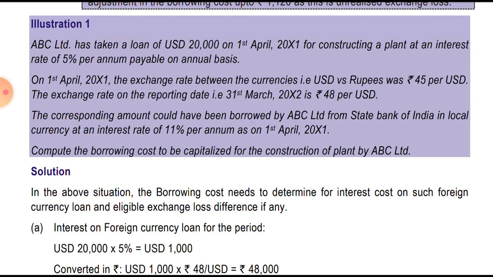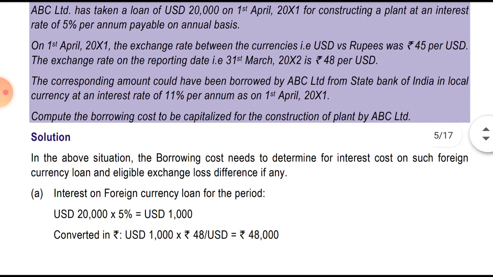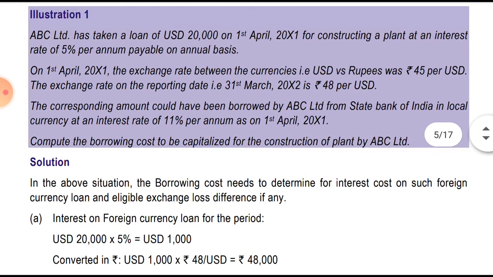If it has been taken in Indian currency, that is local currency, it would have been taken at 11%. Compute the borrowing cost to be capitalized for the construction of the plant of ABC Limited. This loan they have taken for the construction of the plant.